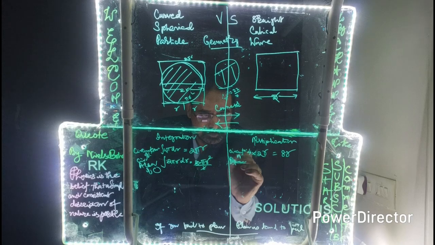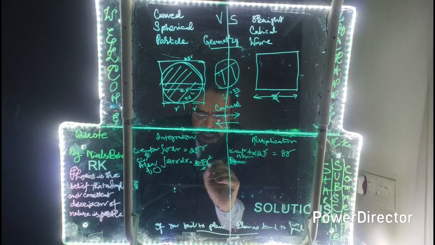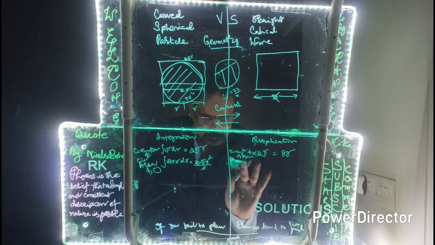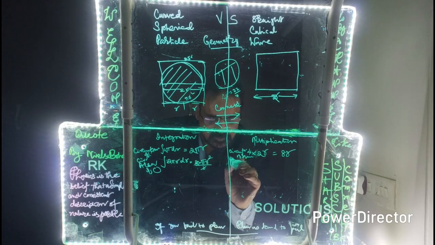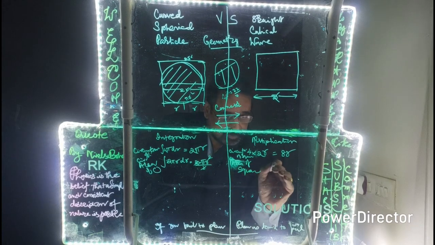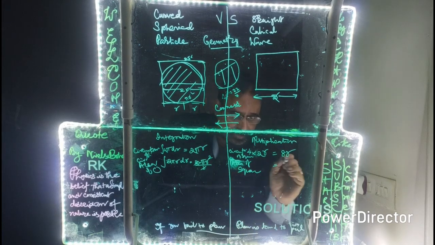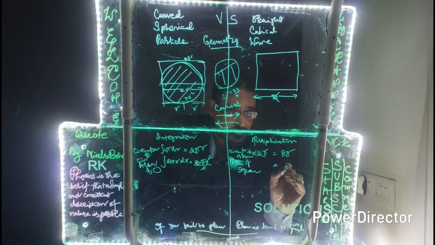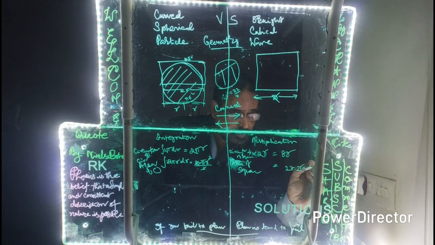Let us keep it here because this is area. This is the circumference, this is the area of the square, which is nothing but 2r into 2r, that is 4r square.